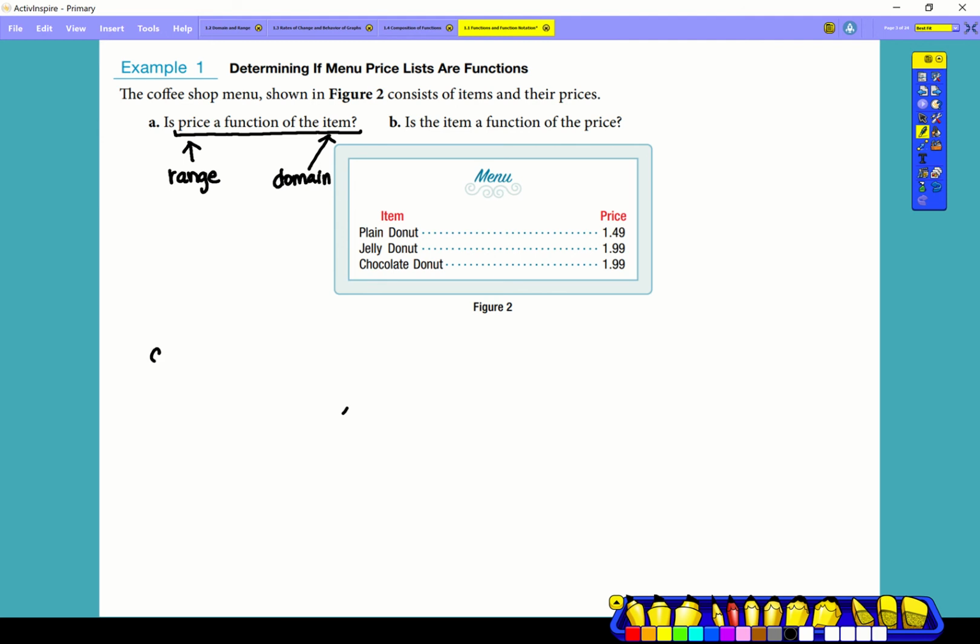So for our domain, this is A, we have the item, which is plain, jelly, chocolate. For the range, we have the price, which is $1.49 and $1.99.